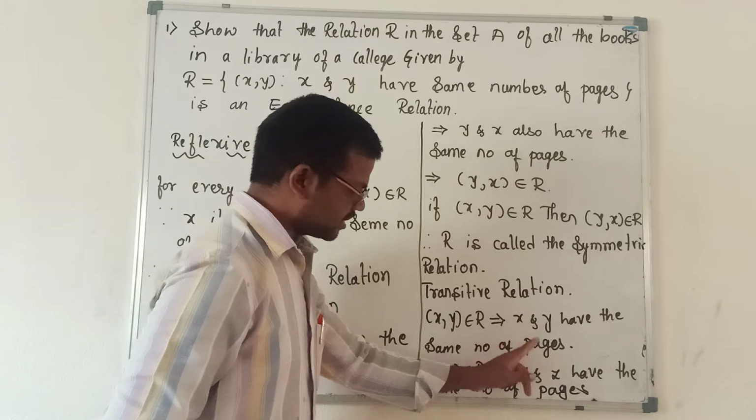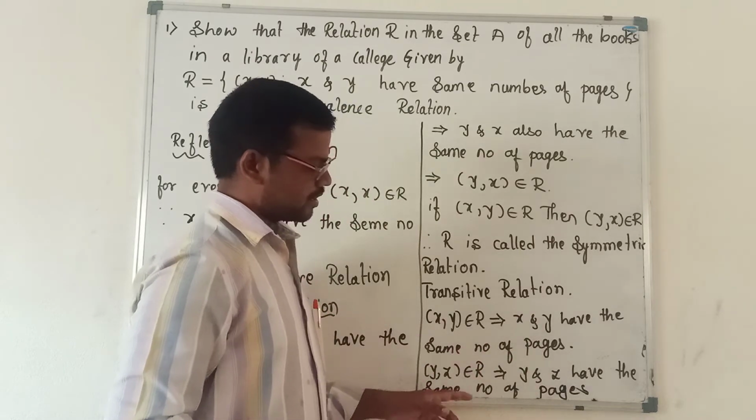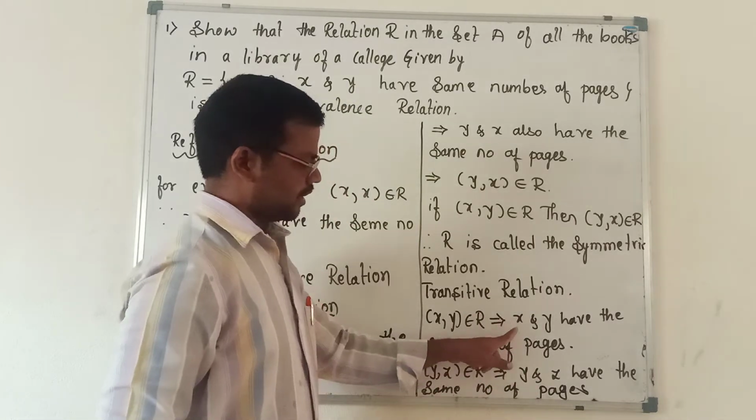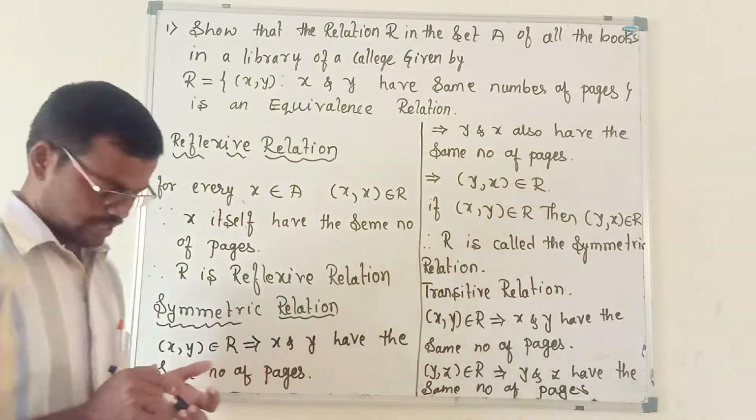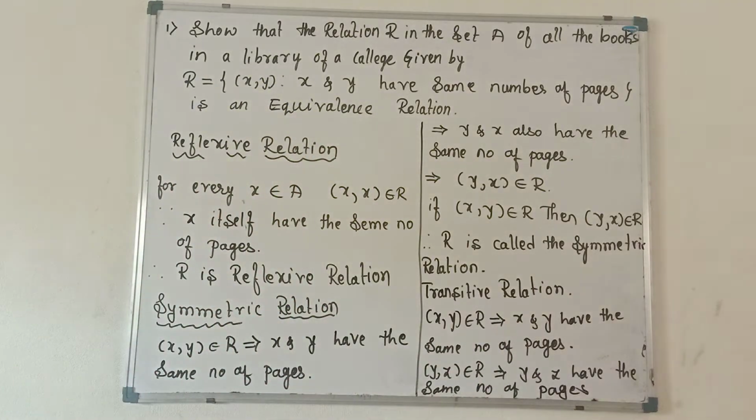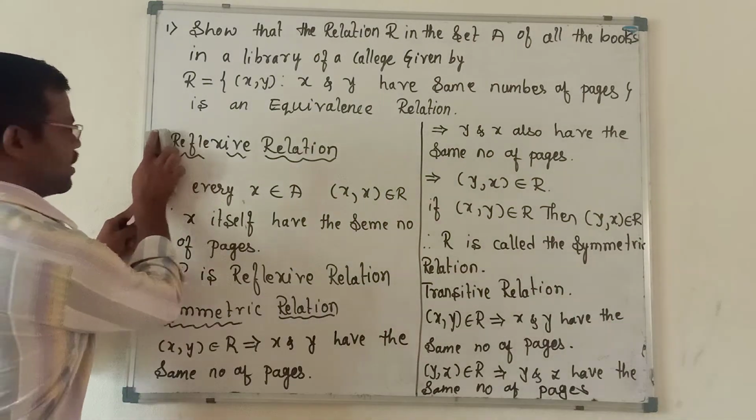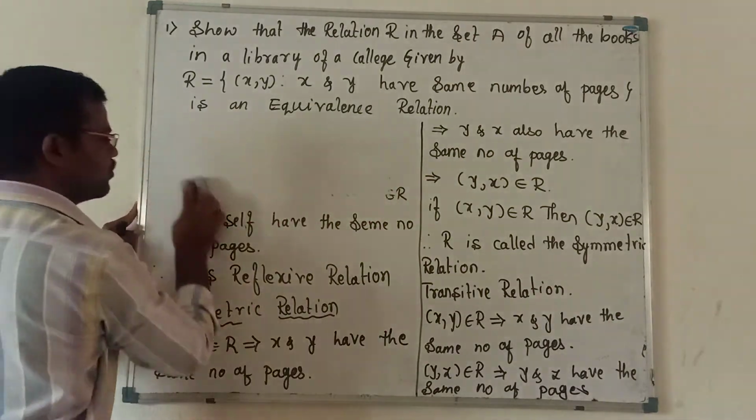Then what about x and z? Obviously, x and z also have the same number of pages.